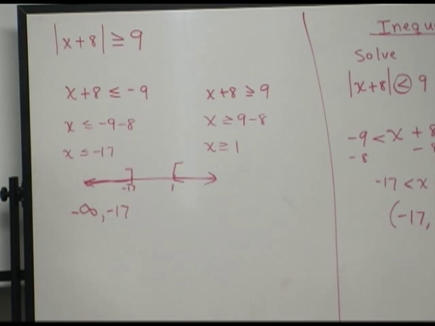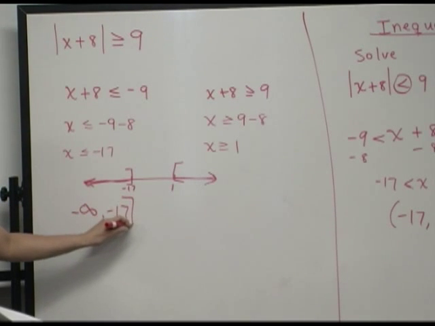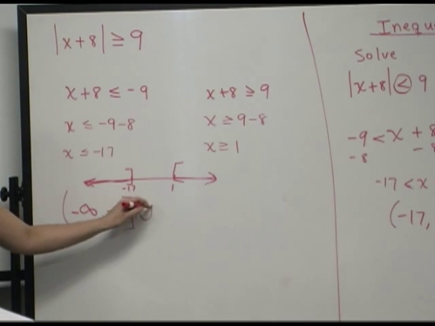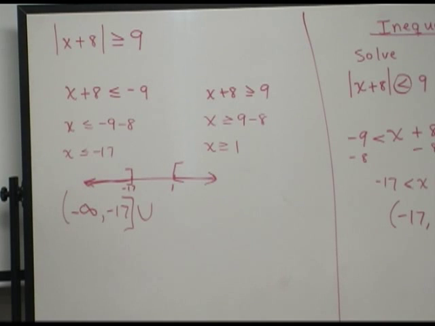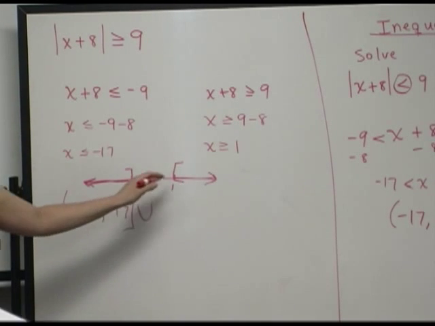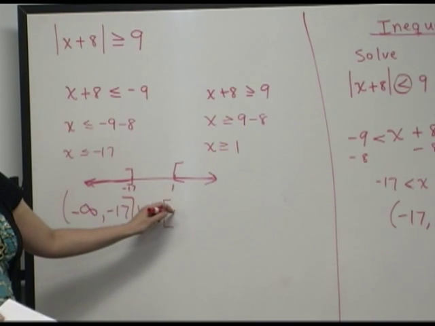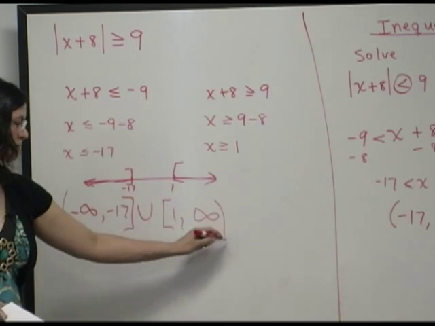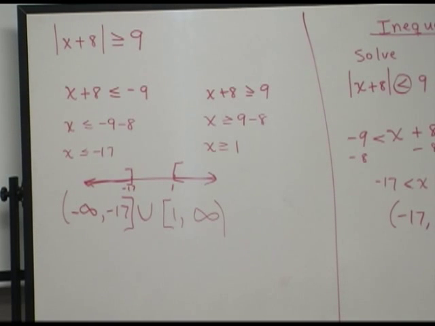Now, is that included? The 17 is included? How about this one? No, right? It's never included. Infinity signs are never included, right? Because you don't know what number that is. And this one starts where? And ends? Infinity. There you go. Any questions on that?